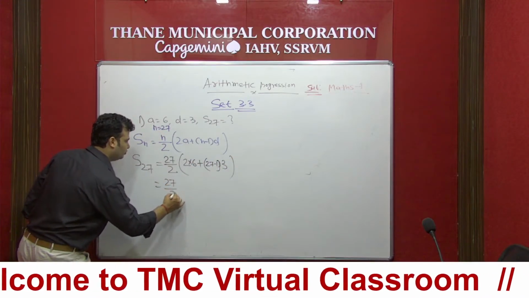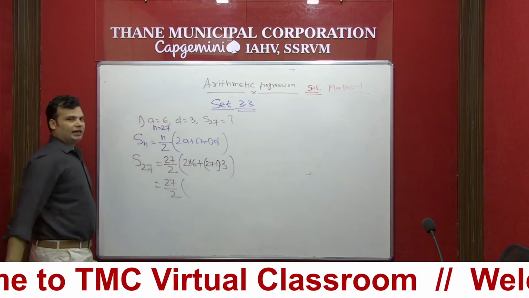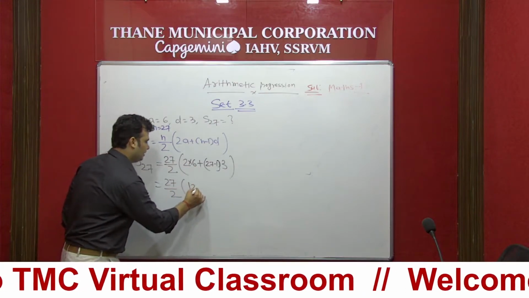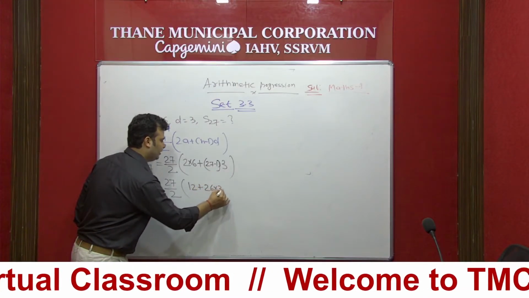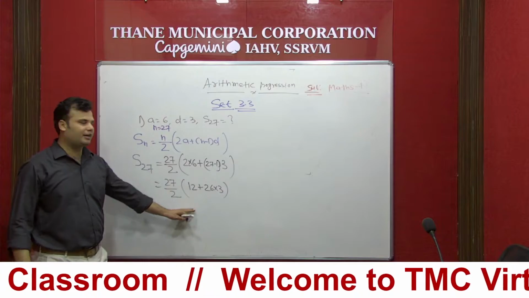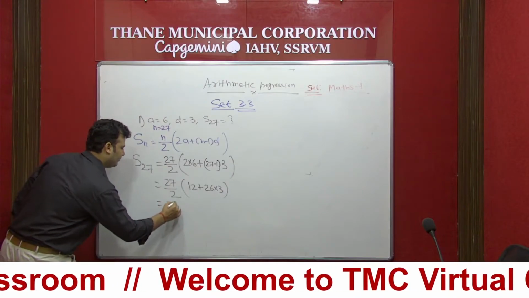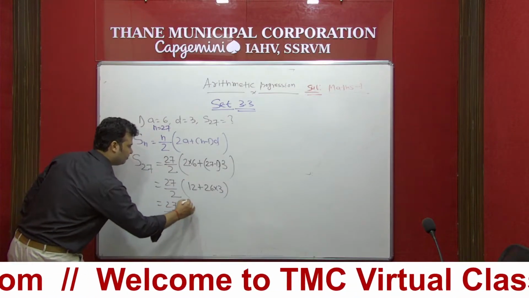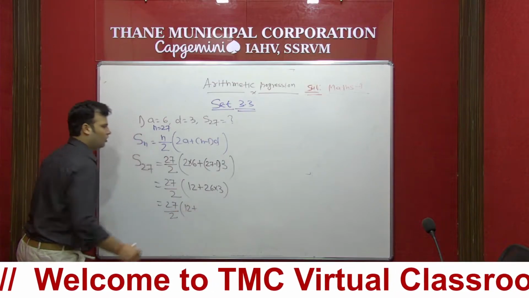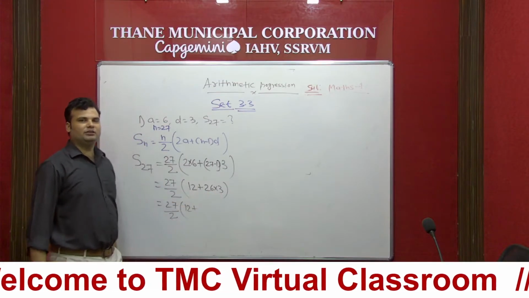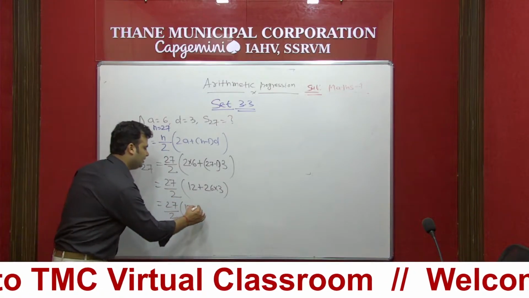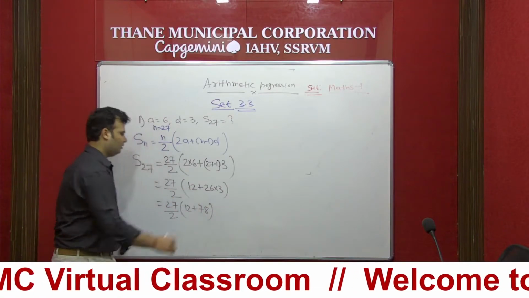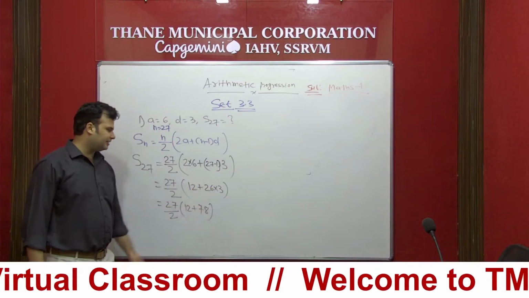Now we have to solve. 27 upon 2, 2 into 6 that is 12 plus 27 minus 1, that is 26 into 3. Always we have to solve first bracket part. So 27 upon 2 bracket 12 plus 26 into 3, 25 3 is 75 और 1 into 3 means 3, 75 plus 3 means 78. So अगर आपको डाउट आता तो आप मल्टीप्लाई करके भी साइड में देख सकते हो.